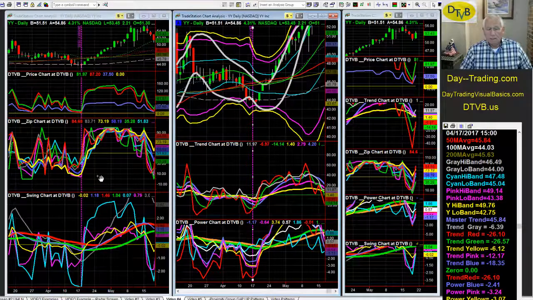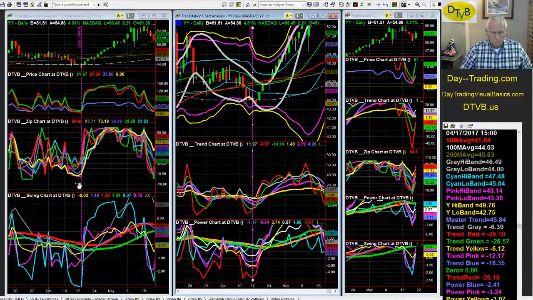And remember again, when it's at the bottom and going up, it's in an uptrend. When both zip yellow and power yellow are both lowest and going up, you're in an uptrend. When they're both highest and going down, you're in a downtrend. Now, in this case here, zip yellow has been lowest for the last several days, but it has not been going up.